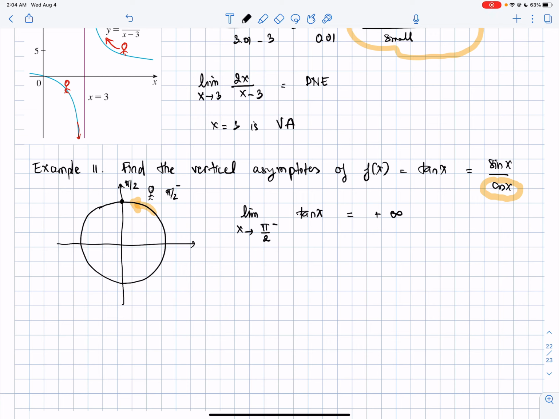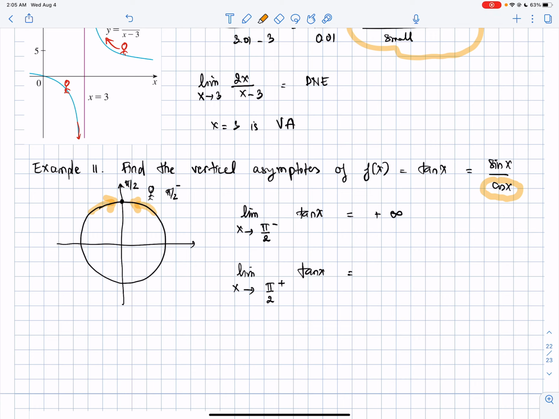Now we want to find the limit when x approaches pi over 2 on the right side of tangent of x. If we approach pi over 2 from the right hand side, this means quadrant number 2, because in quadrant number 2 the numbers are greater than pi over 2.